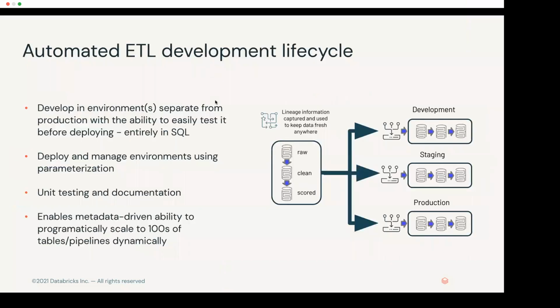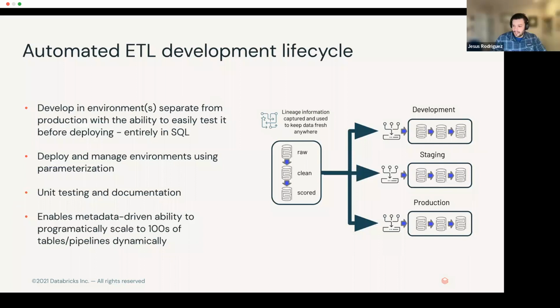We do have one question in Q&A. Do all the tables have to be Delta to be put in the Delta Live Tables? I believe the answer is yes, but I can double check that for you. We can read it in from any of those sources. Essentially anything that Spark can read into Delta Live Tables, we can read it in.